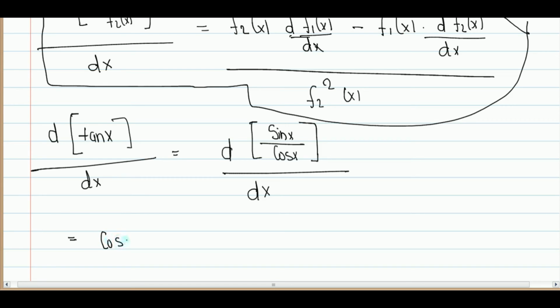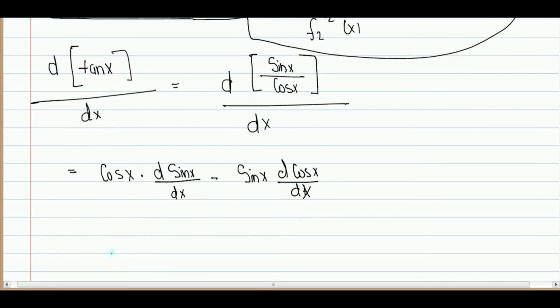So cos x will come as constant, and we have to differentiate sin x with respect to x, minus the second one, sin x will come as constant. We have to differentiate cos x with respect to x, and the denominator will get squared, cos square x.